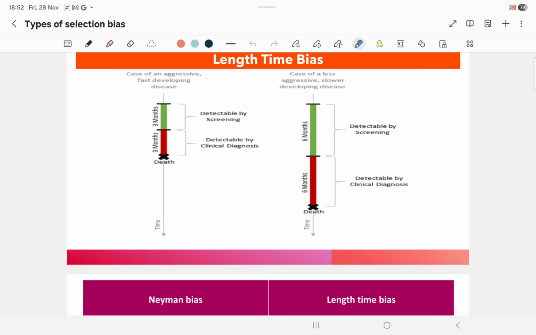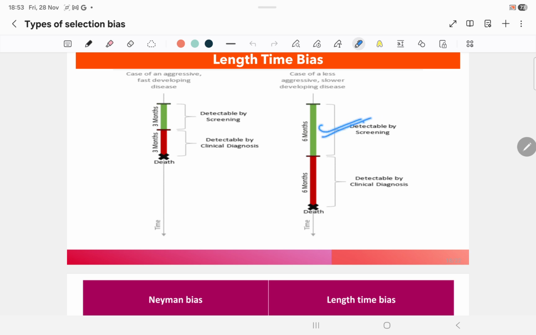Now, what will happen? Because it is a slow growing disease, nothing to do with the screening test, nothing to do with detection. Just because this disease is slow growing and we catch more patients with the screening test, we will think that screening improves survival because these patients will live more. Why will they live more? Because this disease is slow growing, and the others will die faster.